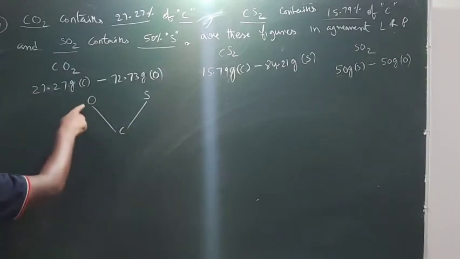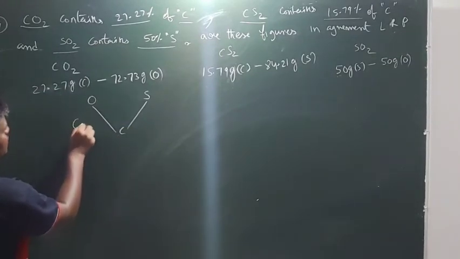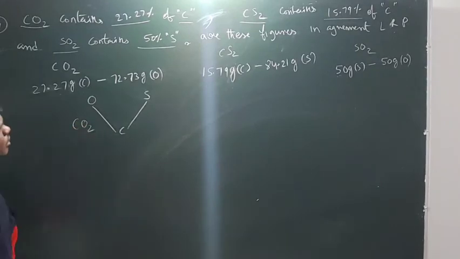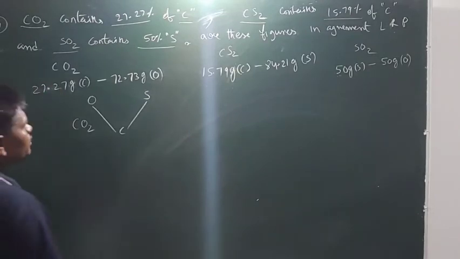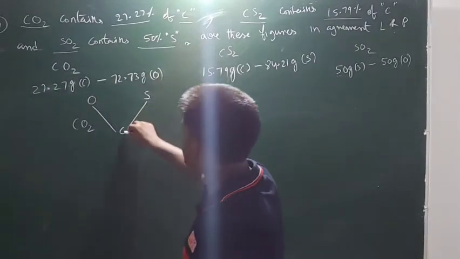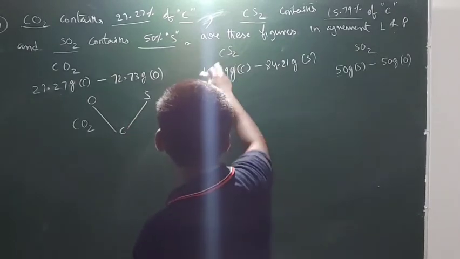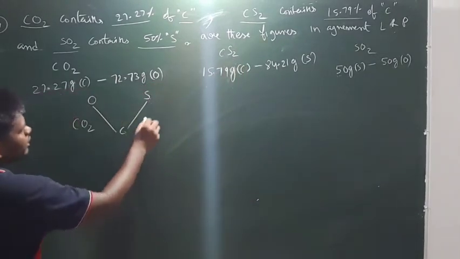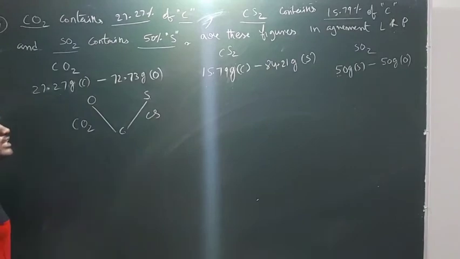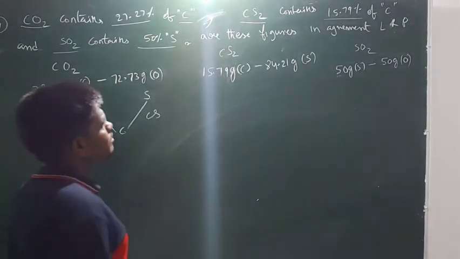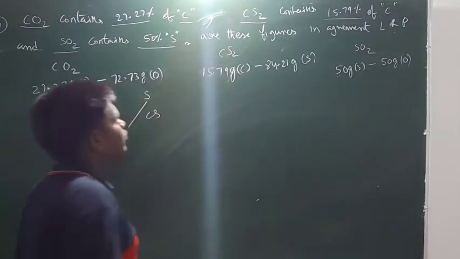Oxygen combines with carbon and gives us CO2. Now in CO2, mass of the carbon is how much, guys? 27.27. Next, sulfur combines with the carbon and gives us CS2. Now in CS2, what is the mass of the carbon? Mass of the carbon is 15.79.